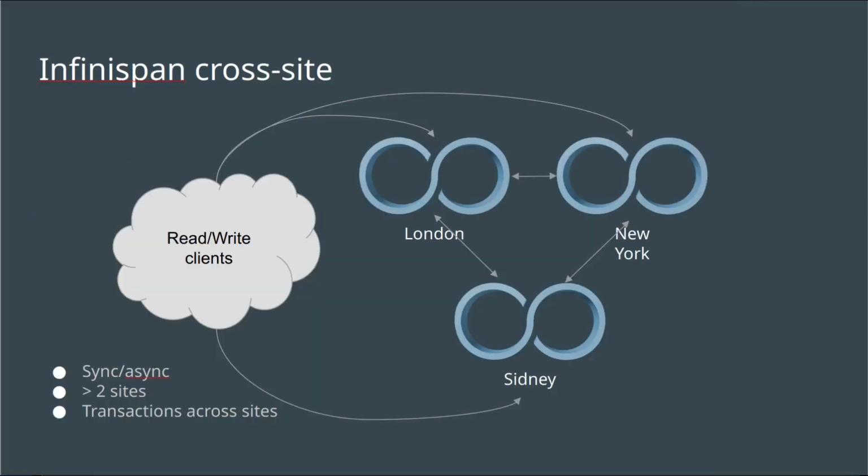Infinispan supports cross-site replication, which means that you can have clusters of Infinispan on multiple sites, not just 2 sites, you can have more than 2 sites, and they will replicate between each other and maintain copies of the data on all your sites. So you can do geographical failover or active-active replication.